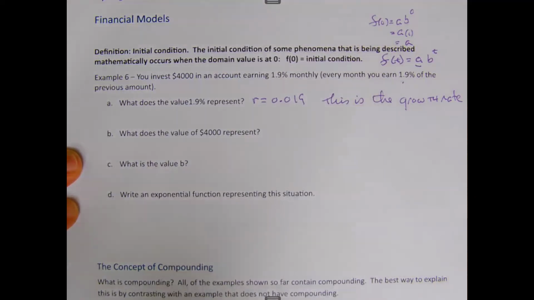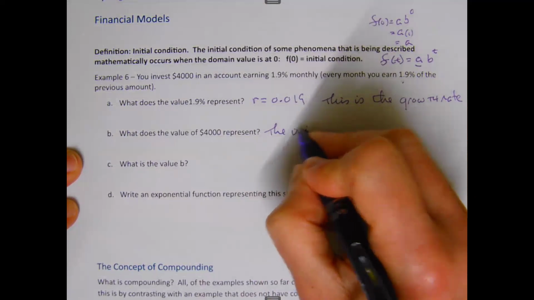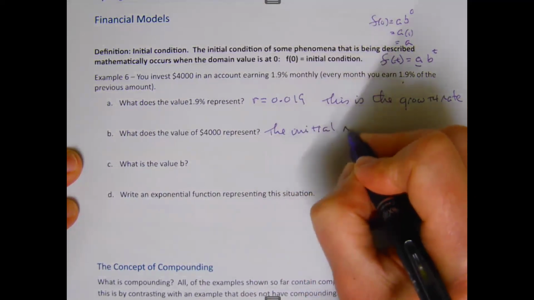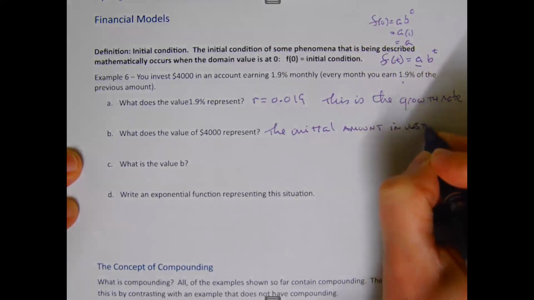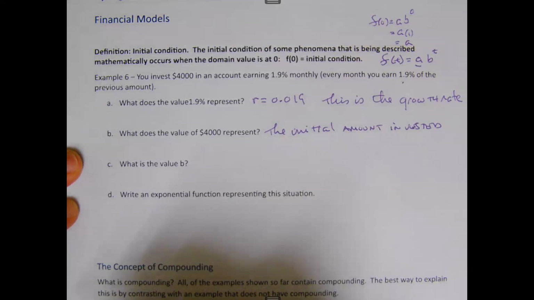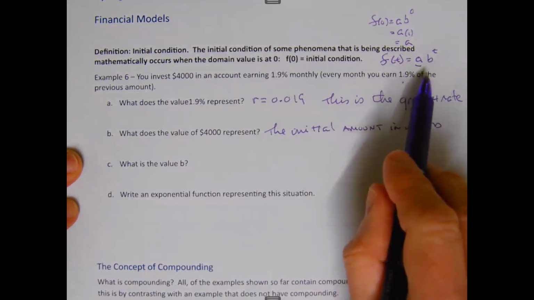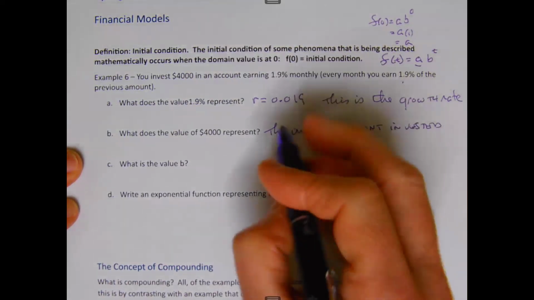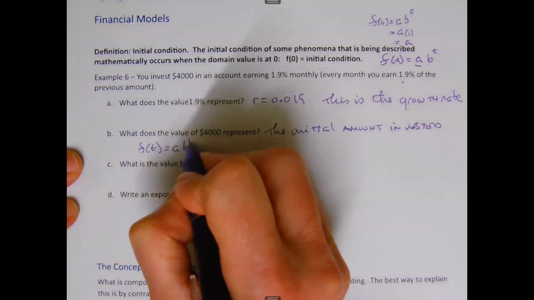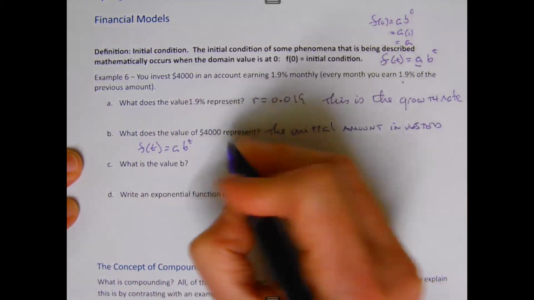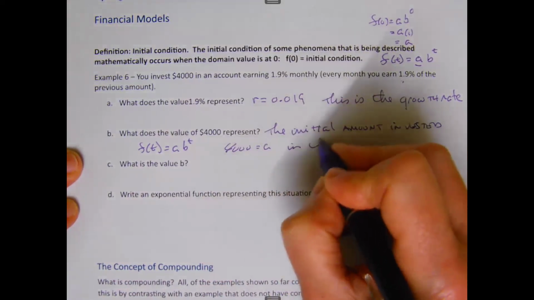What does the value of 4,000 represent? This is the initial amount invested. And if I'm looking at a formula that describes something exponential, this 4,000 is the a in this scenario.